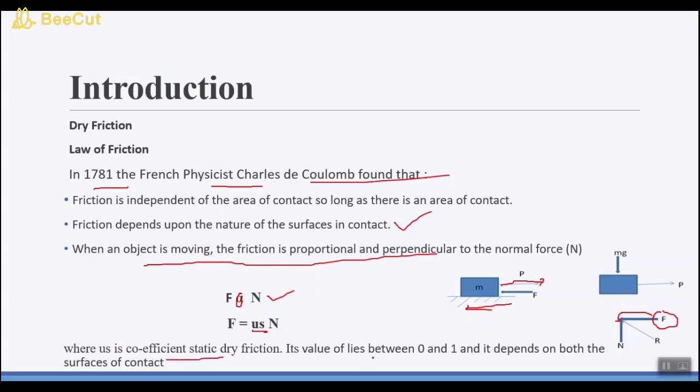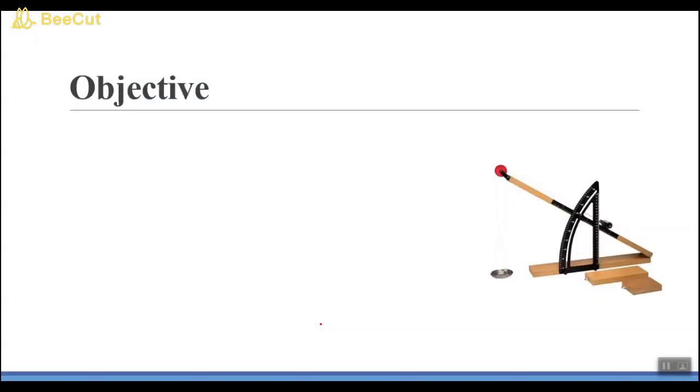Its value lies between 0 and 1, and it depends on both surfaces of contact, so it varies from surface to surface. Like if two surfaces such as wood and wood are in contact, its value will be different. Its value will be different for steel and wood contact, which we will see in the further part of today's lab.